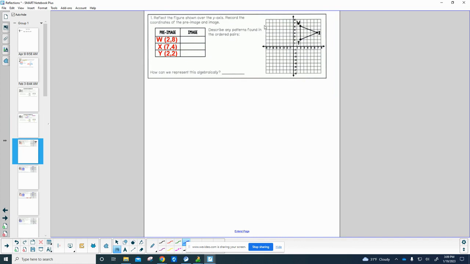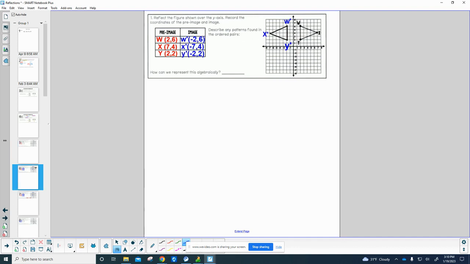All right, in this case, we have an image drawn here in quadrant 1. Here are the three coordinates that go with that particular triangle. Now we're going to reflect it over the y-axis, which is the axis straight up and down. When we do that, it's going to look like this.